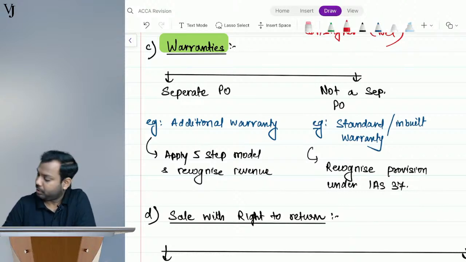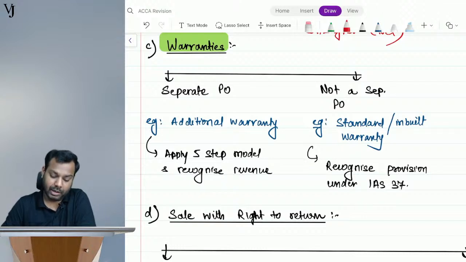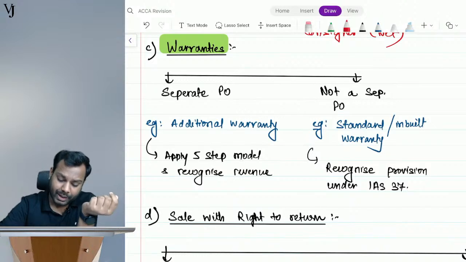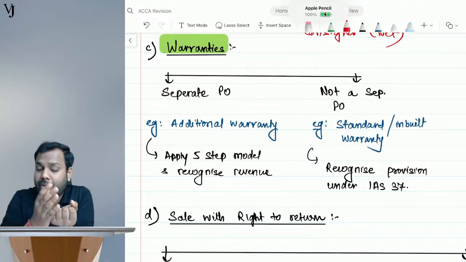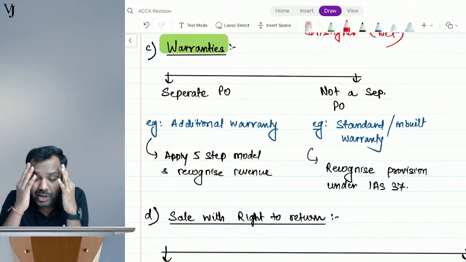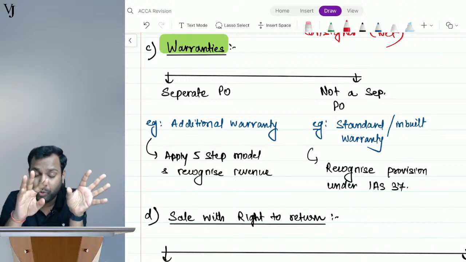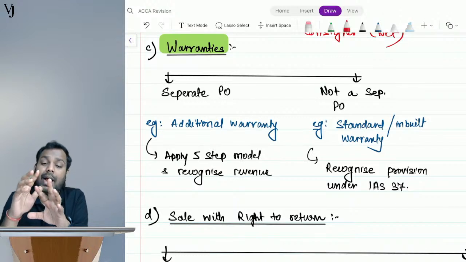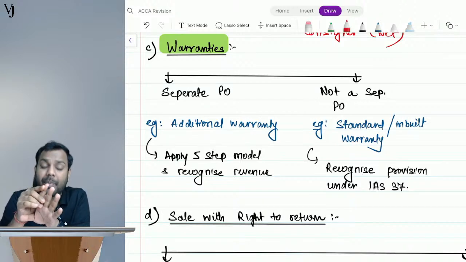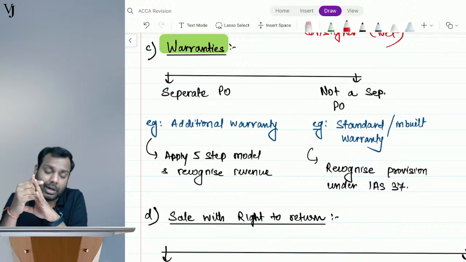Okay, understand. The third point is warranties. Guys, warranties can be a separate performance obligation, or cannot be. Remember the example I gave in the performance obligation step number 2, inbuilt warranty and additional warranty. I told that inbuilt warranty is not a separate performance obligation, but additional warranty is.